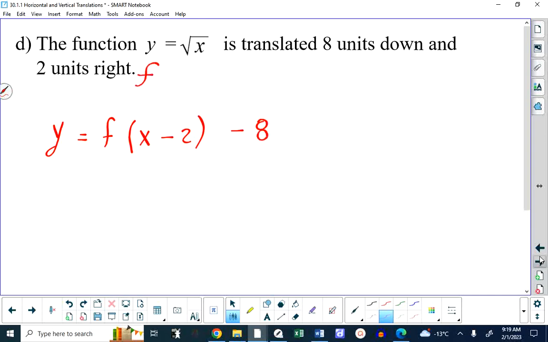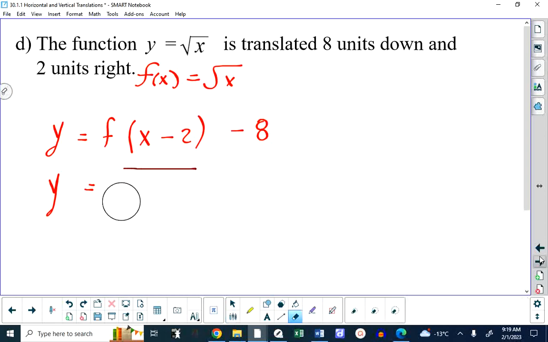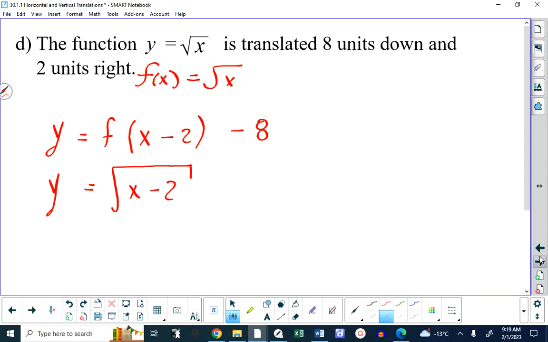But f of x equals root x, which means f of x minus 2 is root x minus 2. I like to put this little overhang on the root sign to indicate where it ends, because sometimes in type it's not that clear. So that would be the function.